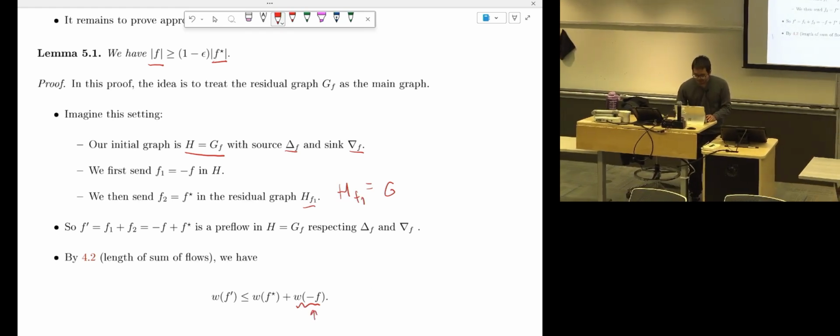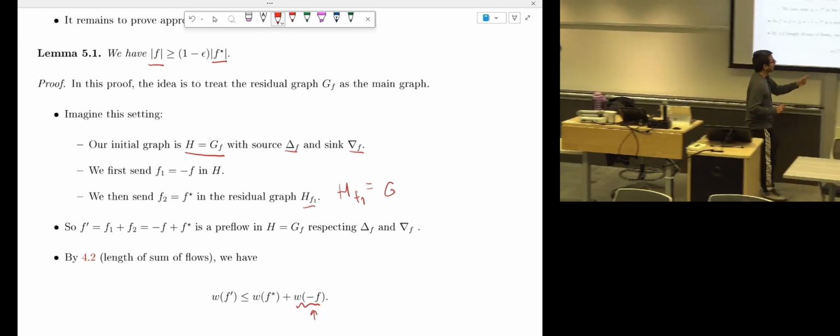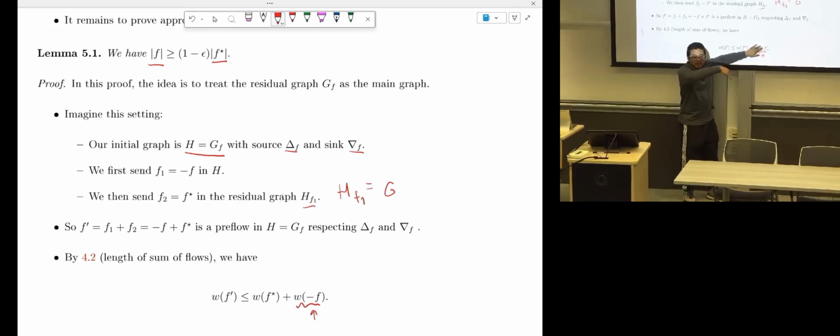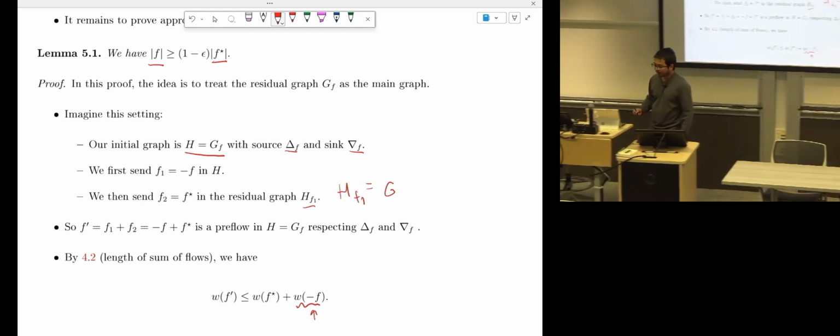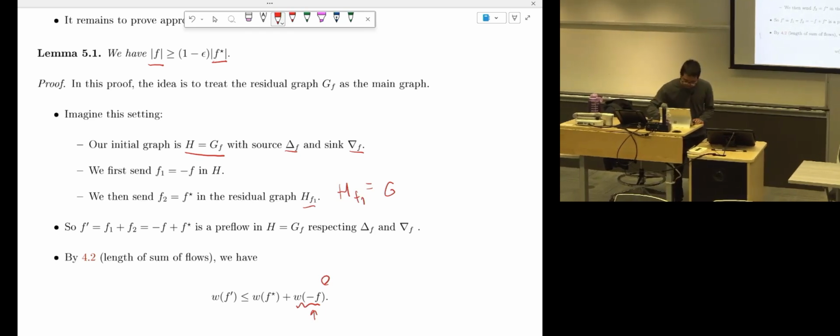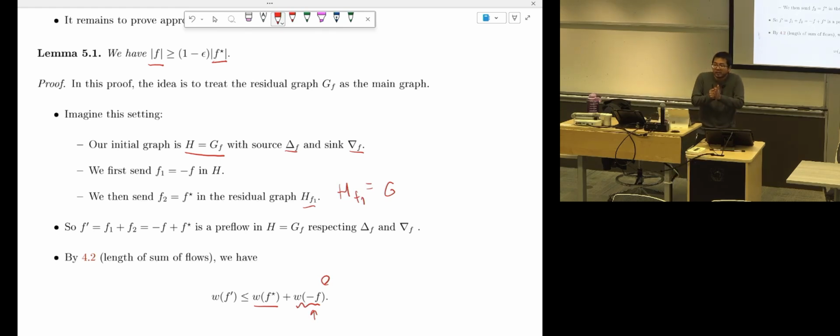This guy, you see, if it's not minus F, is a flow in the original graph, which uses only forward edges, but minus F is a flow that only uses backward edges. Backward edges have weight 0. This is 0. And what's the length of this guy? This only uses forward edges because it's a flow in the original graph.